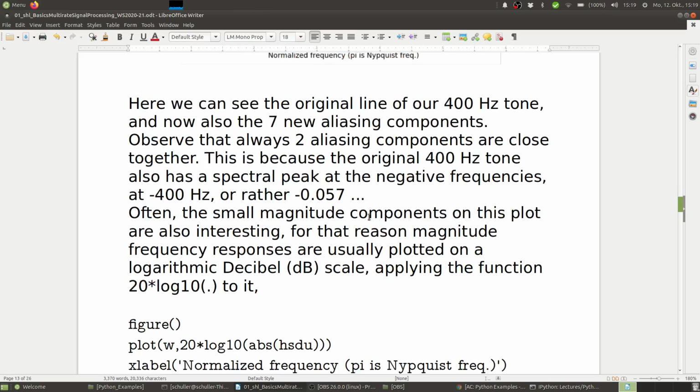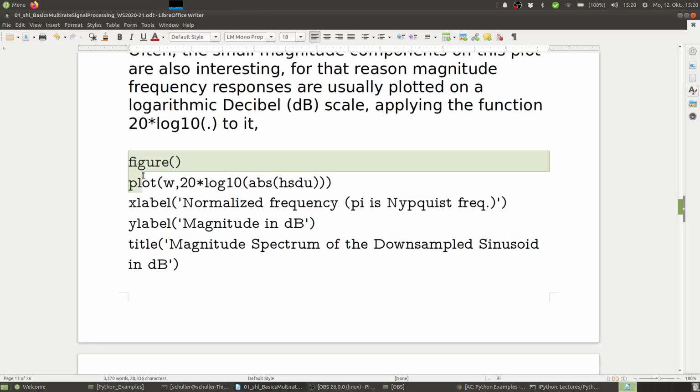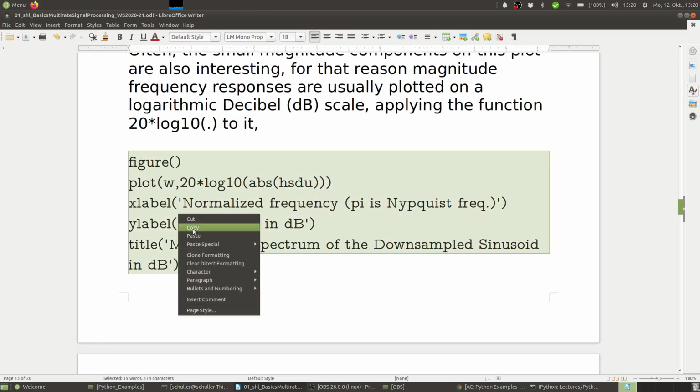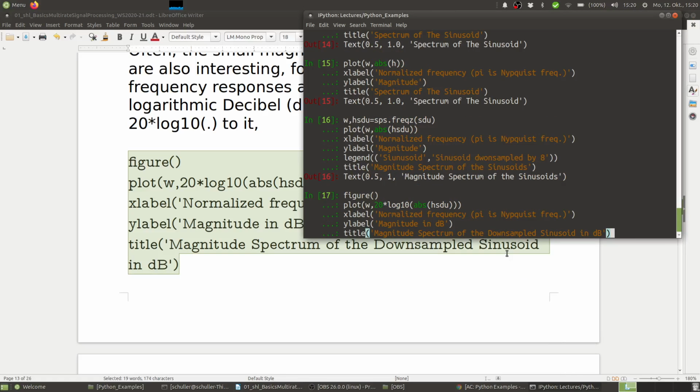Yeah, often the small magnitude components in this plot are also interesting, and for that reason magnitude frequency responses are usually plotted on a logarithmic decibel scale, applying the function 20 times log 10 to it, which can be seen here. So I'm making a new figure, copy and paste.